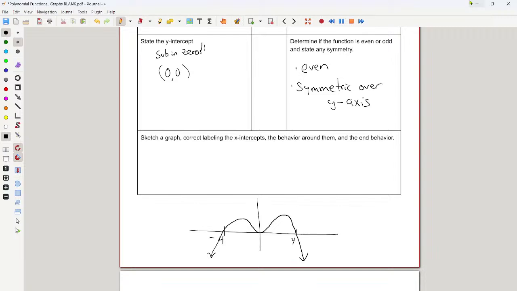Let's look at odds. Chair, chair, chair. 31's odd. That's a weird looking chair, but it's a chair. And if there's a negative in front of any of these, it's just a transformation. Boom. That's all. Okay.